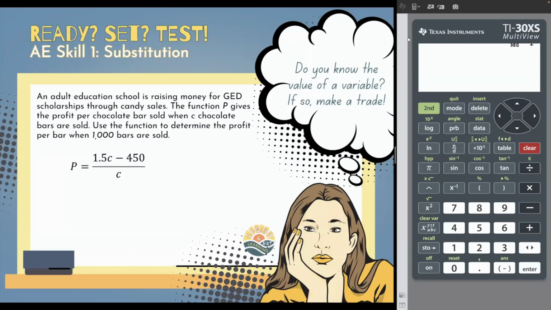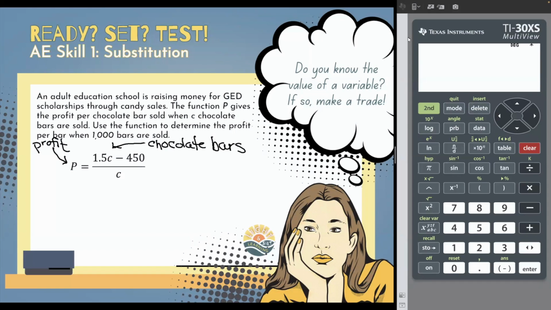The function, you don't really need to know too much about it, except for what they're saying is we're going to call this equation P. It's a relationship, it's a function between two things, P, and they say that the function P gives the profit, so that P stands for profit, per chocolate bar sold when C chocolate bars are sold. So that C is chocolate bars. So this function is basically just a relationship between how much profit you make based on how many chocolate bars you sell. Use the function to determine the profit per bar when 1,000 bars are sold.